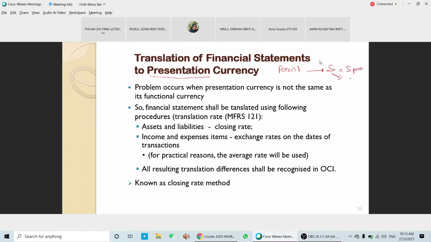This subsidiary prepares financial statements in Singapore dollars. So the parent needs to prepare the consolidated financial statements. The parent is in the position of the presentation currency, so the parent needs to translate from Singapore dollars to Malaysian ringgit. So the parent's currency is considered the presentation currency, because the parent needs to present that financial statement.